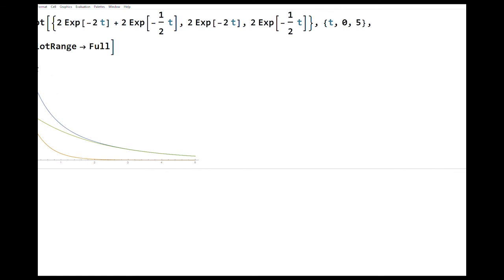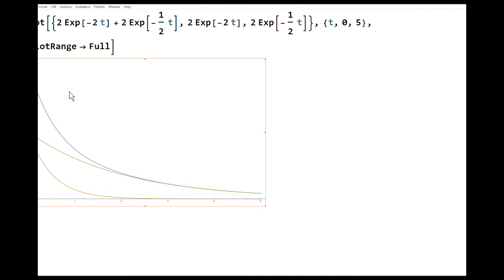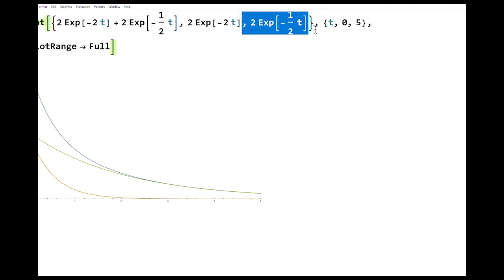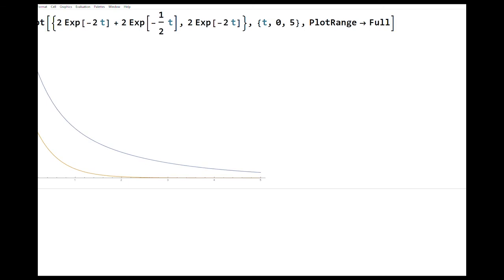So you can almost see it where this thing is going down fast, right? But then it's slowing down. The decay is slowing down. Actually, a better way to see it is to compare, let's take the fast exponential, which is this one.